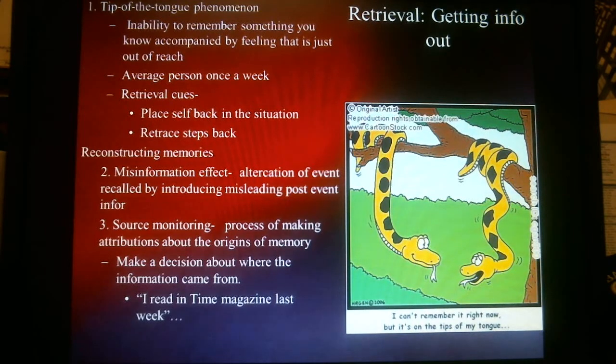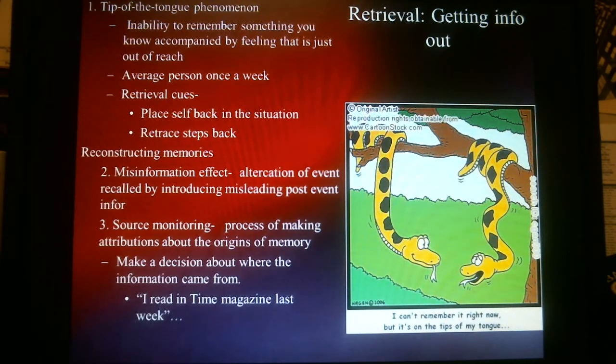Not always is it the same facts, and that's why sometimes what we think is the absolute truth of something we're saying is not, and we could be giving misleading information. There's a big difference between that and lying. Lying is a willful, knowledgeable effort to say something not true. Misinformation effect is when, to the best of your ability, you are telling the truth and giving the information out. You just don't know that some of the information you're giving may not be correct.